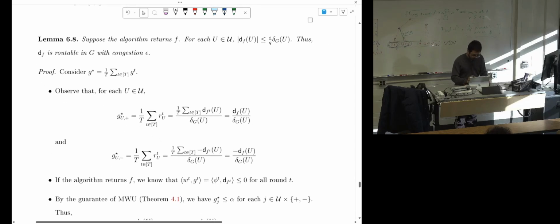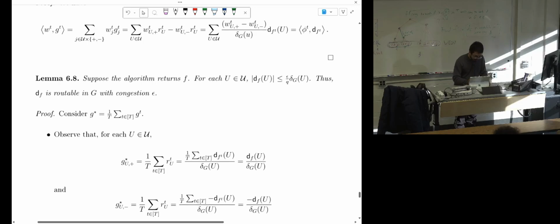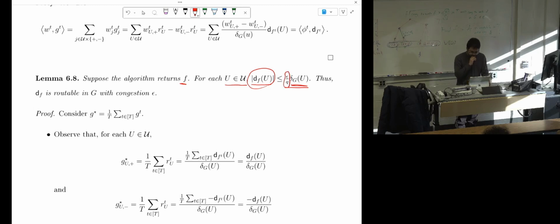And then now the point is that by the end, you get that for every cut U, the total excess at U is at most the cut size multiplied by this one, because we set alpha to be epsilon over Q. So it contains some calculation.